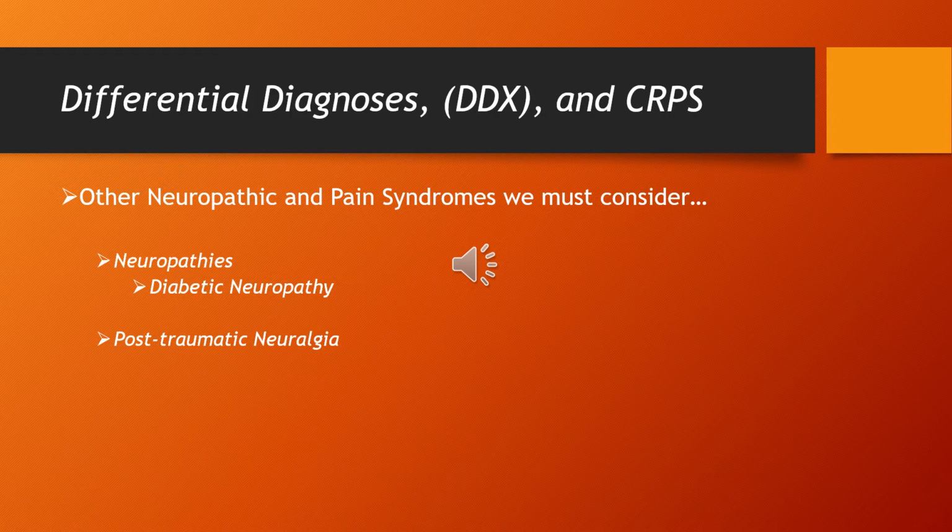Now let's move on to post-traumatic neuralgia. Many patients with post-traumatic neuralgia or neuropathy have pain, but not the full clinical profile of CRPS type 2, for instance. In these cases, the pain is located largely in the territory of the involved nerve, okay?